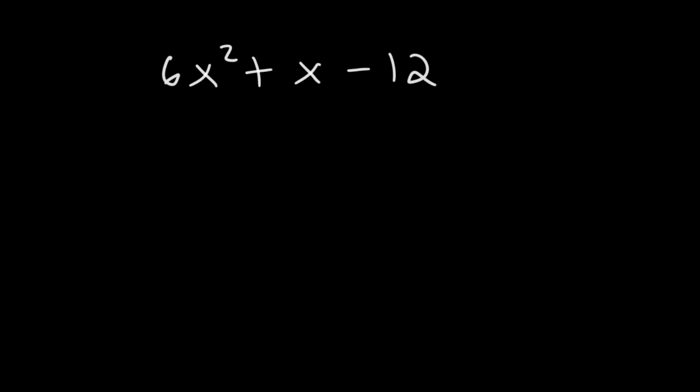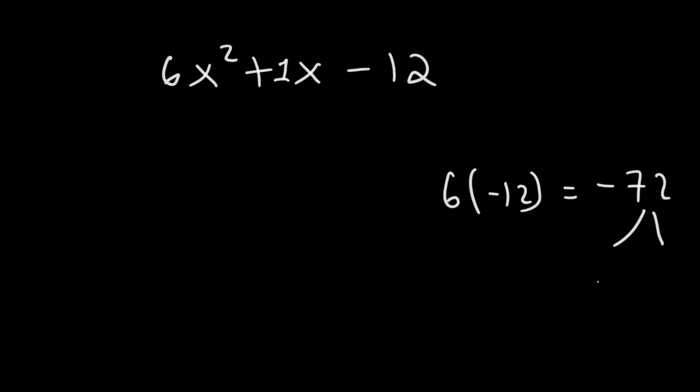Now for this particular example, what you need to do is multiply the leading coefficient by the constant term. 6 multiplied by negative 12 is negative 72. Now, you need two numbers that multiply to negative 72, but add to the middle coefficient 1.